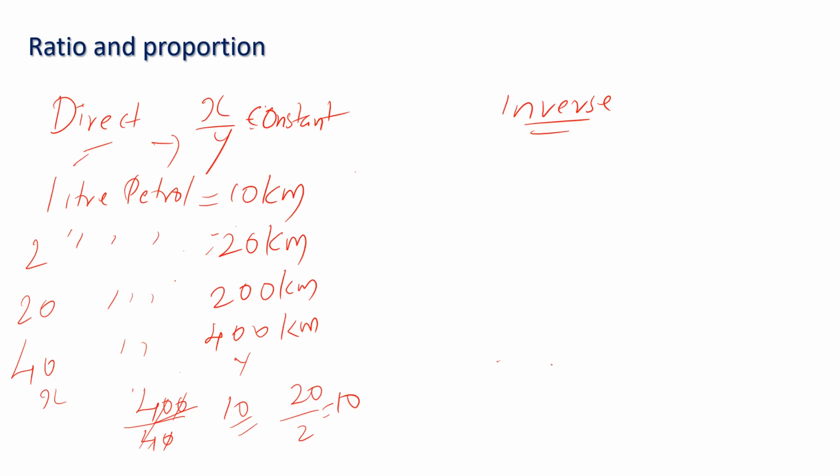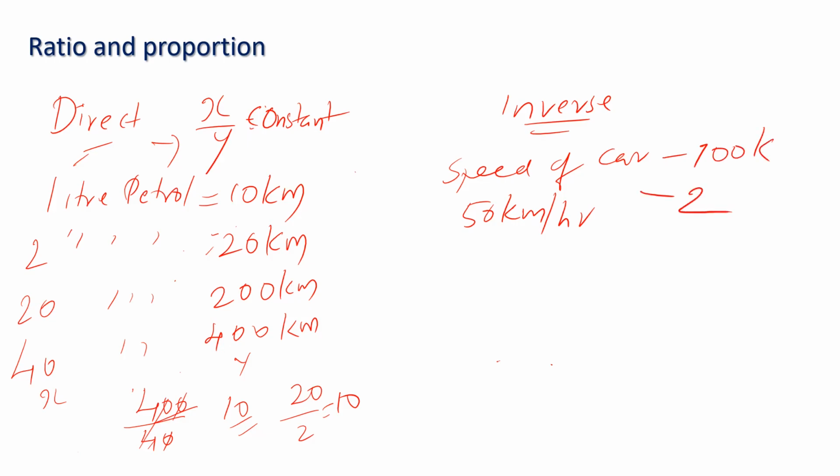Inverse variation is different. Suppose the speed of your car is 50 km per hour. To travel a distance of 100 km, the car will take 2 hours. If it is a bullock cart, बैलगाड़ी, its speed is 5 kilometers per hour, it will take 20 hours to complete. 2 घंटे में पहुंचे, 20 hours.